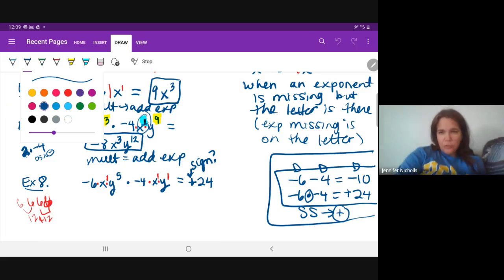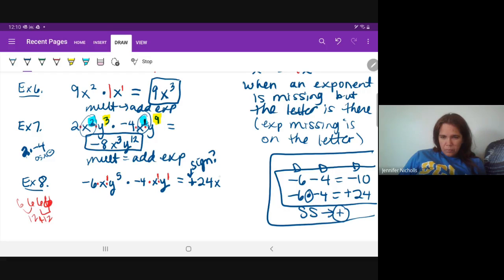Okay, so what's the answer for number 8, example 8? X to the second. I agree, because we added the exponents, and y to the 6th. I agree.